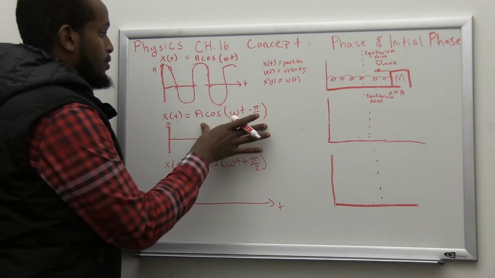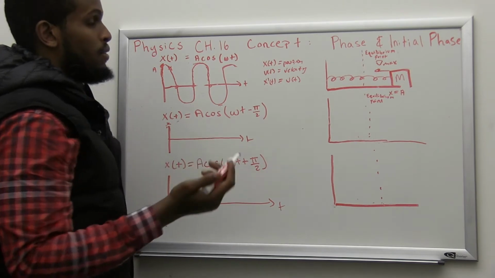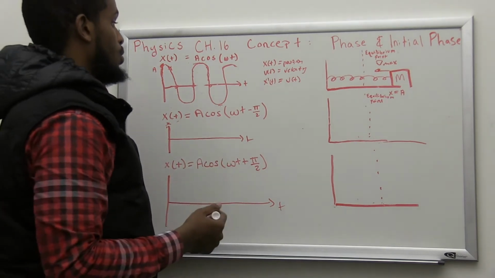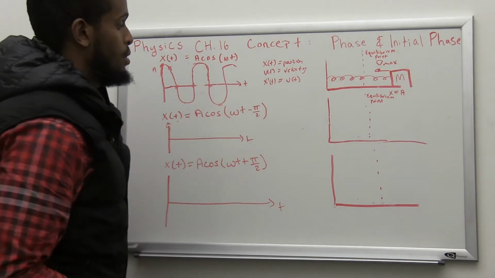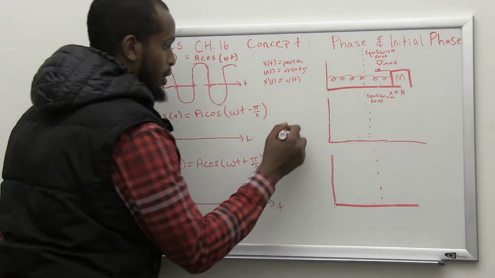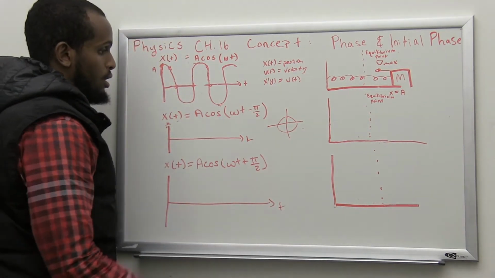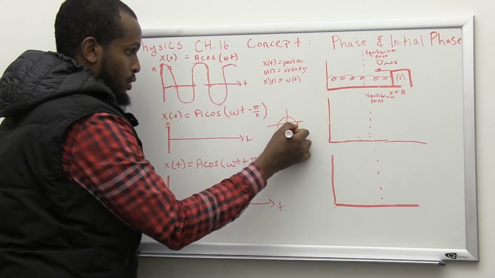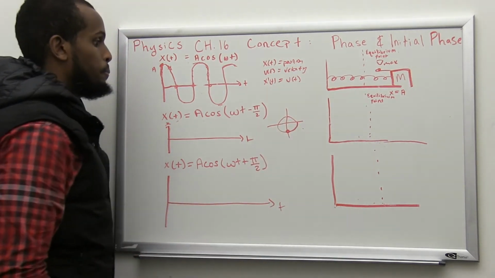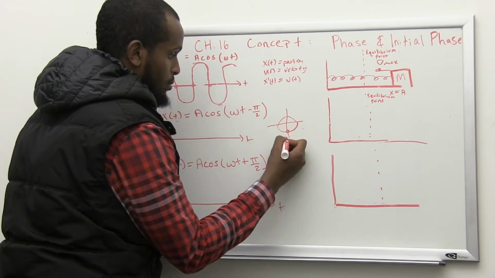The difference between this function and the previous function is that before we didn't have an initial phase, but now we include an initial phase of negative pi over 2. If you draw a circle and go to negative pi over 2, you know that the cosine at that point is going to be 0.